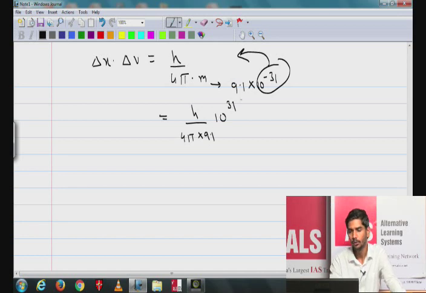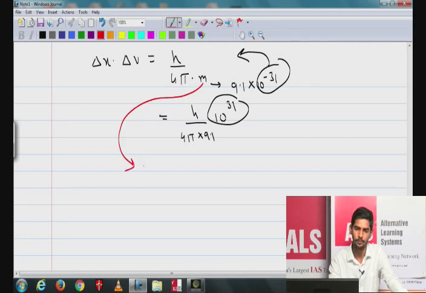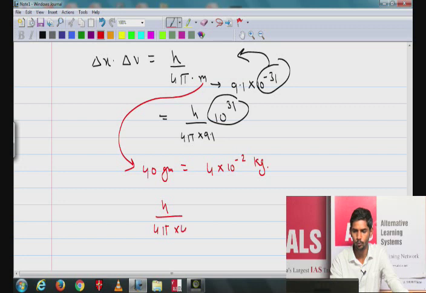Now, 10 to the power 31 is a very big value and it is very easy to observe. Whereas suppose I put the value of m as 40 gram, which is 4 into 10 to the power minus 2 kg. Then it is h upon 4 pi into 4 into 10 to the power 2. Now look at this value and this value.